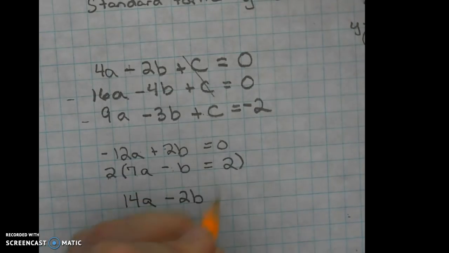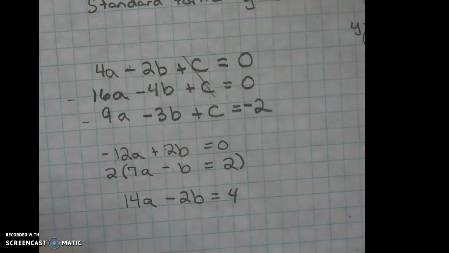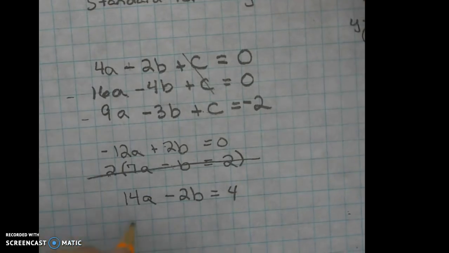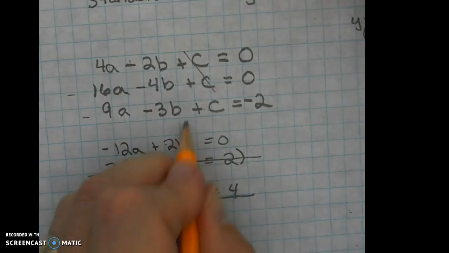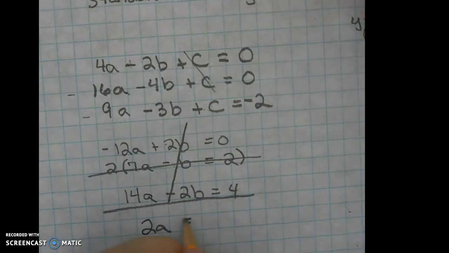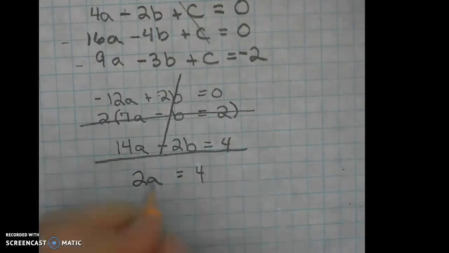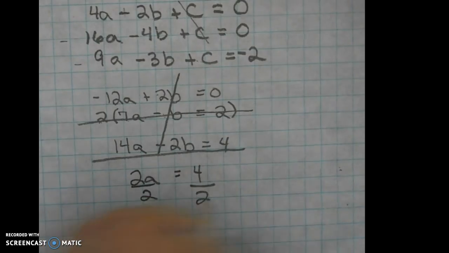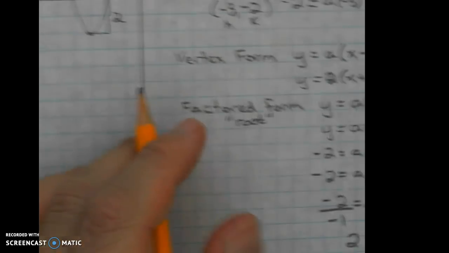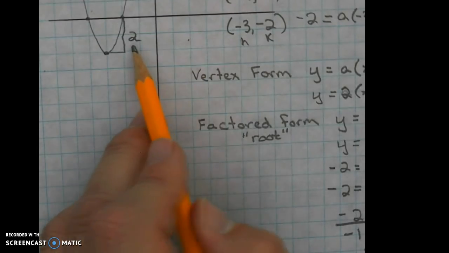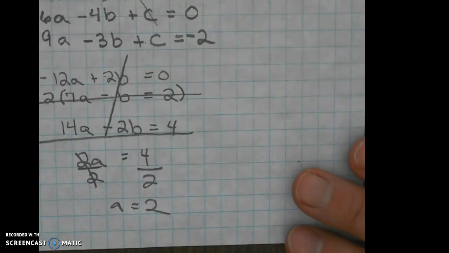And then 2 times 2 is 4. So adding them up, we get 2a equals 4. Divide by 2. We get a equals 2, which we already knew, right? So we know we have the right answer here. So we know what a is.